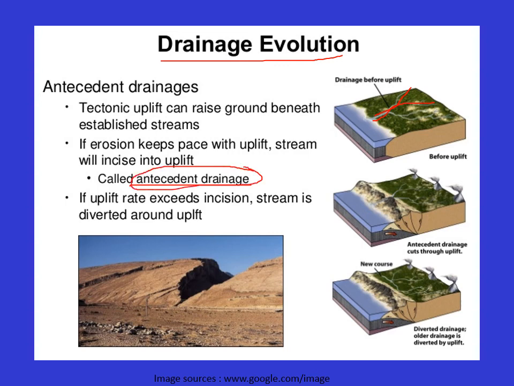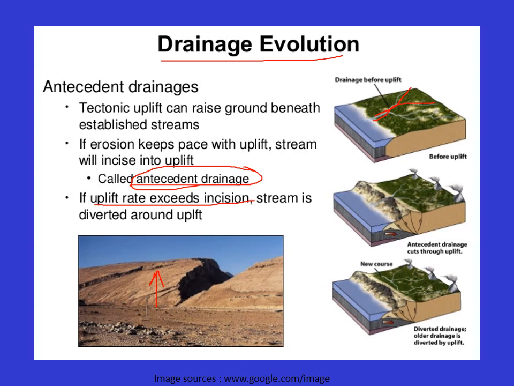But it may happen that the rate of upliftment exceeds the rate of incision. That means the rate at which the river makes its path within these uplifted areas is much lower than the rate of upliftment, so the upliftment occurs much faster. Then the river water is not able to make a passage for its flow within these uplifted areas.